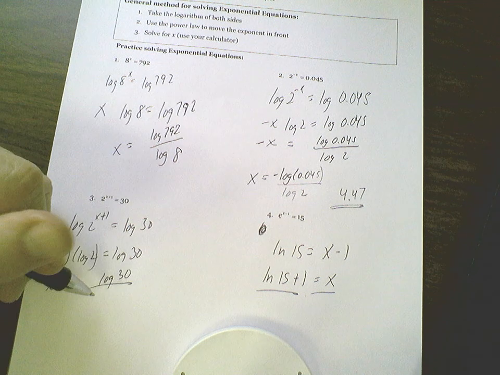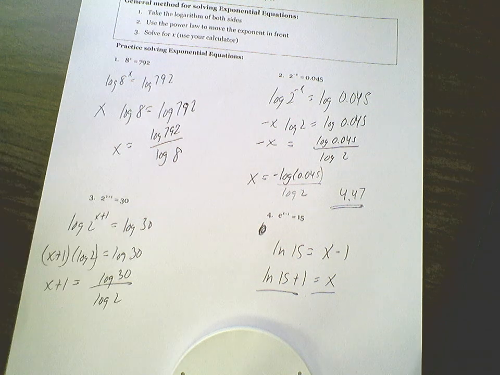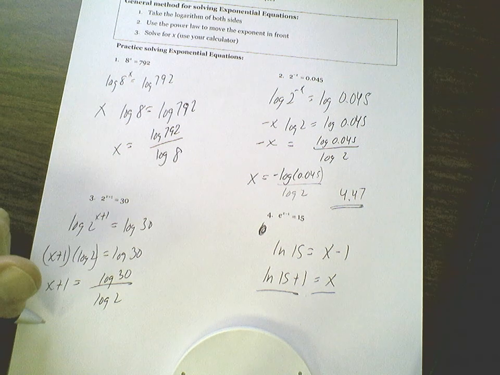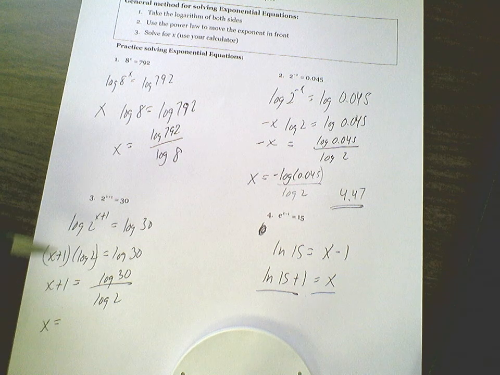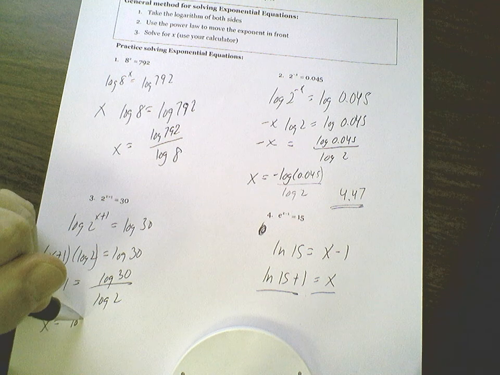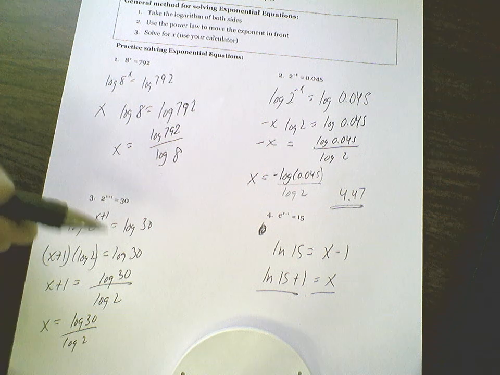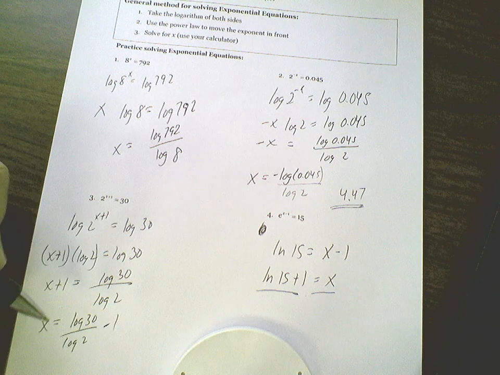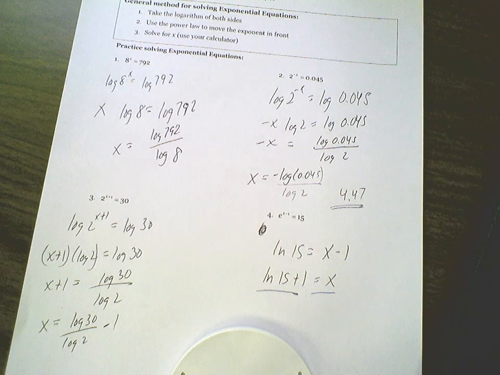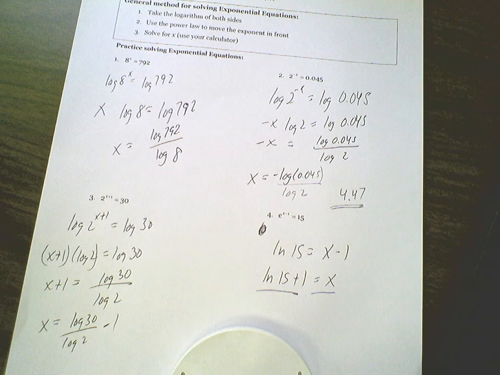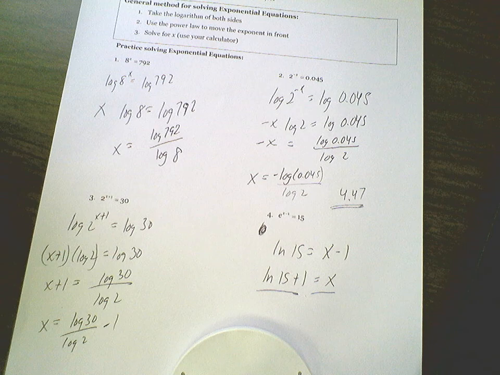Just follow my steps, pause the video if you need to. I want to solve not for x plus 1, but for x. So x equals, and we'll get this first piece, log of 30 over log of 2, from our calculator. We'll subtract 1, and we'll have a clean final answer. So again, remember, if the variable you're looking for is in an exponent, take a log. Let the power property help you out.